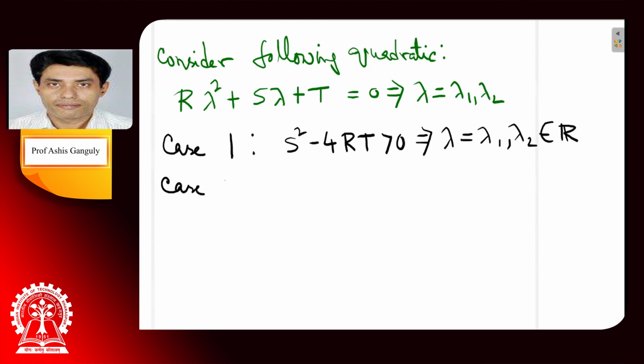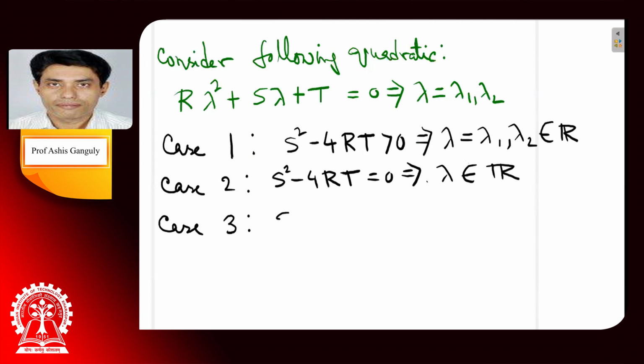Now, when the discriminant will be 0, you will get only one real root, lambda.